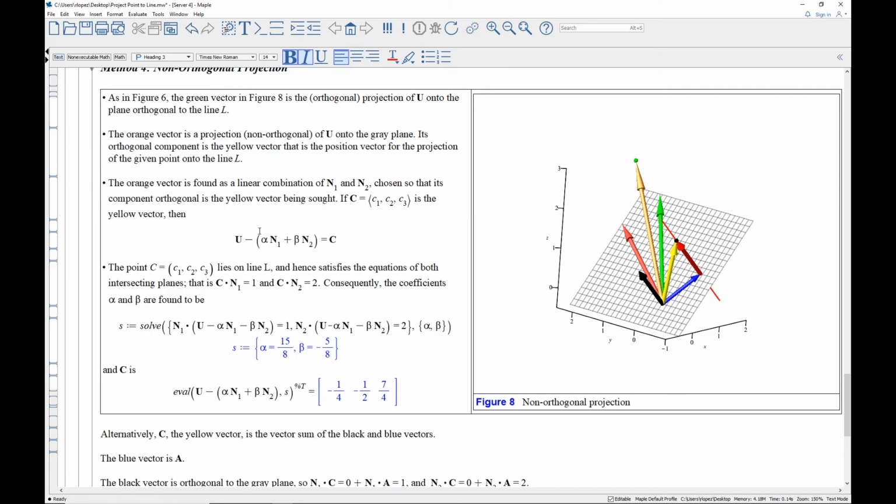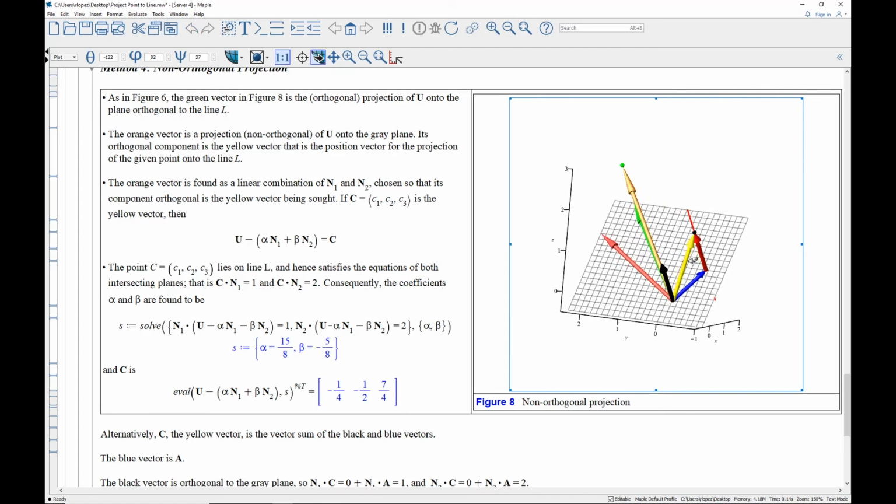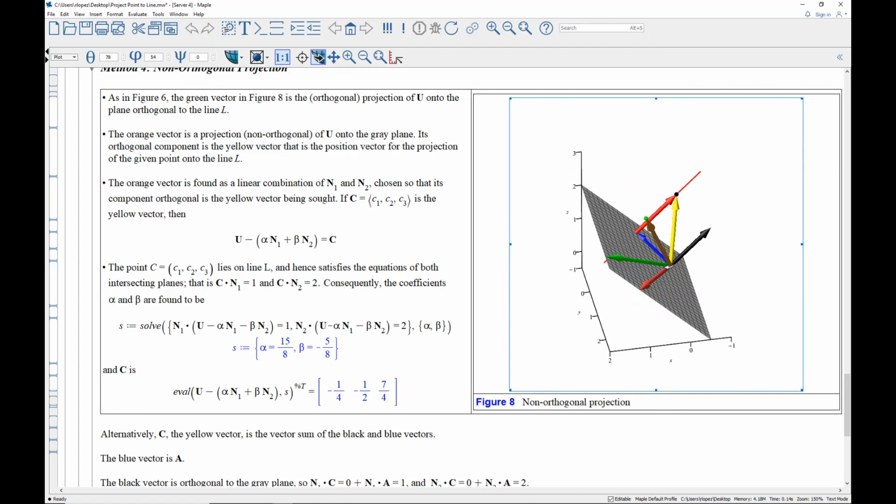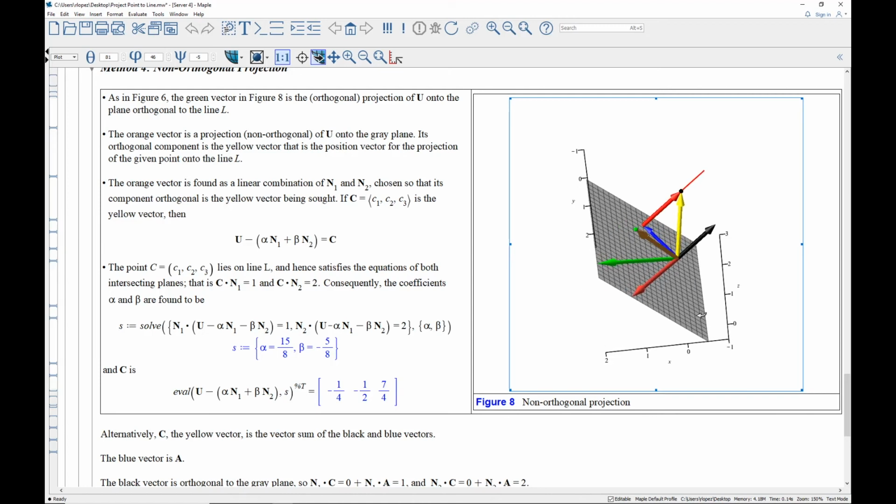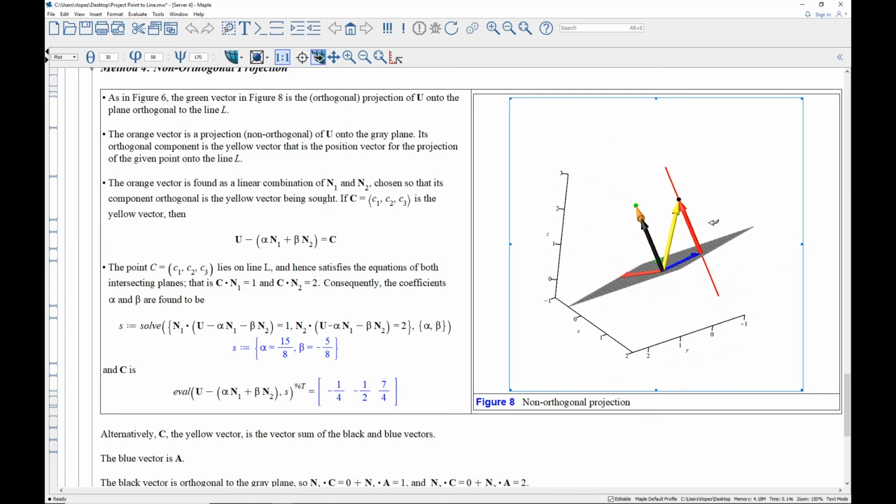So a linear combination of n1 and n2 should give me this orange vector, chosen in such a way that its orthogonal component, which I call vector C, turns out to be this yellow vector. Orange, yellow, orthogonal.